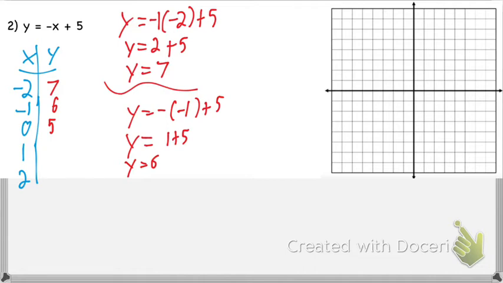Do you have it yet? Yeah, I got 6. Okay, I'm going to disagree. I think that's the case for -1. Yeah, I did it wrong. Okay, let's try it up here, Tobin. Y equals negative, plug in the 1, plus 5. What's -1 plus 5?